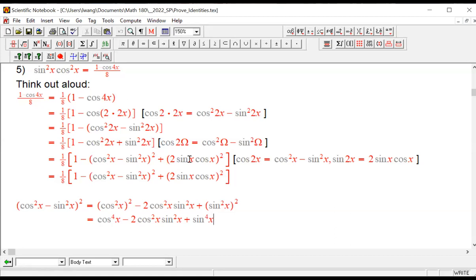Don't forget, we're just experimenting on scratch paper, but we still want to write it reasonably well so we can follow ourselves.